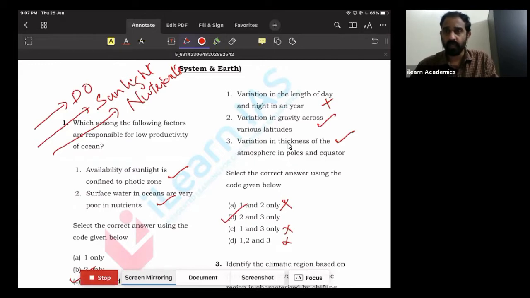It will rise to higher altitudes and create a thicker atmosphere there, and then it will spread towards the poles. At the poles you have cold, dense air mass. On the other hand, at the equator, you have a slightly less dense, high temperature, hot air mass.